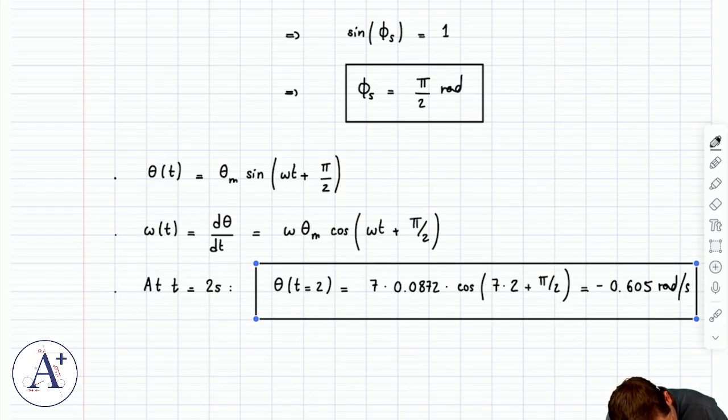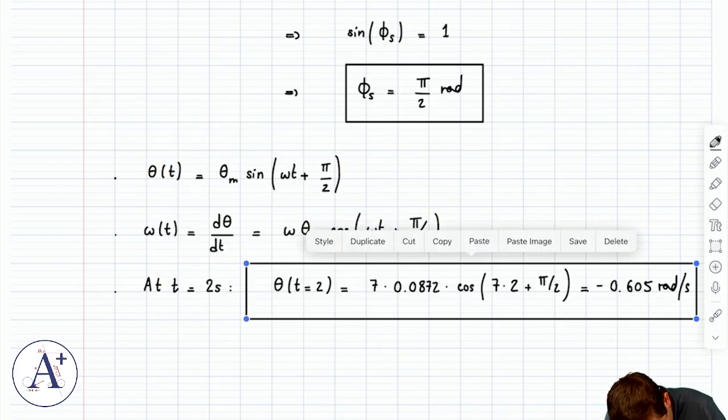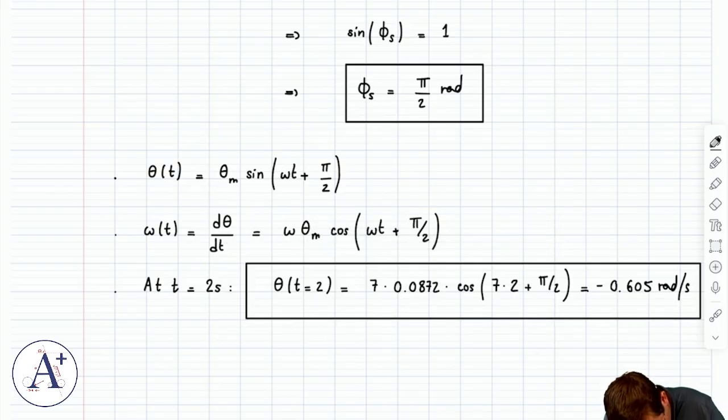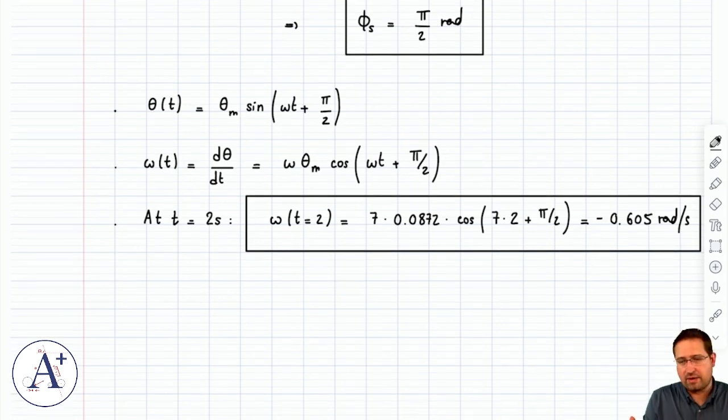And so, sorry, this is not theta. Obviously it's omega. Angular velocity tells me which way I'm going. Negative clockwise, positive counterclockwise.